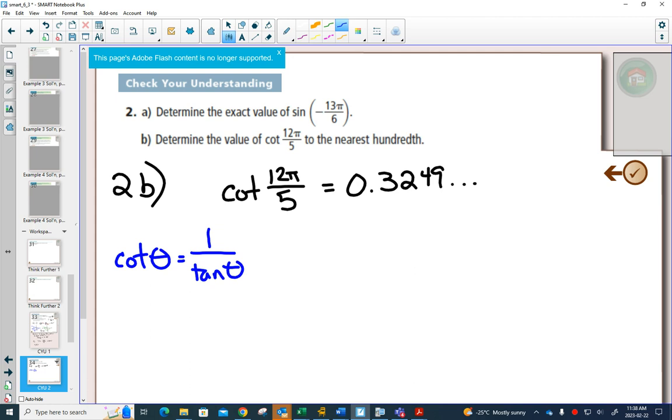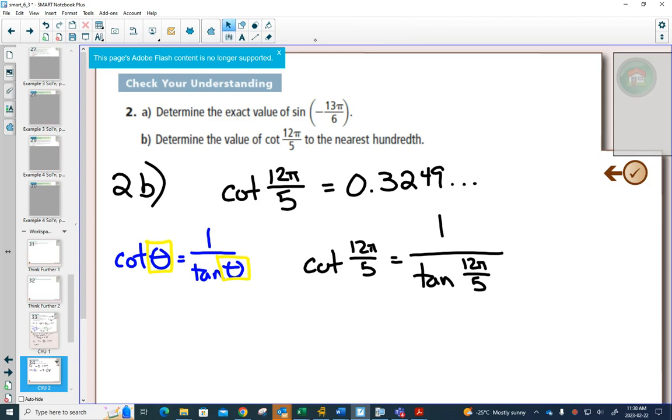The key to this one is understanding that according to the definition, cotangent of theta is 1 over tangent of theta, and this theta is the same thing. So cotangent of 12 pi over 5 is equal to 1 over, and this is what you would type into your calculator, tangent of 12 pi over 5.